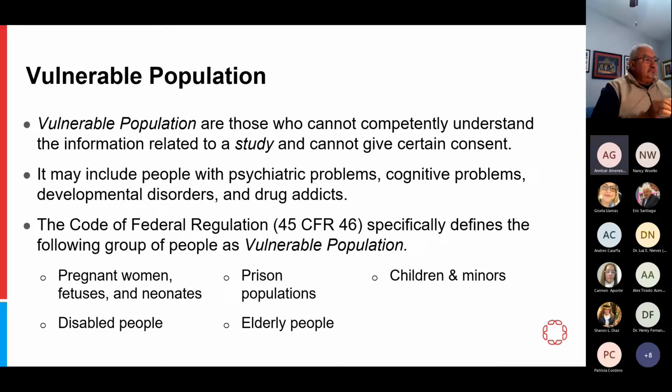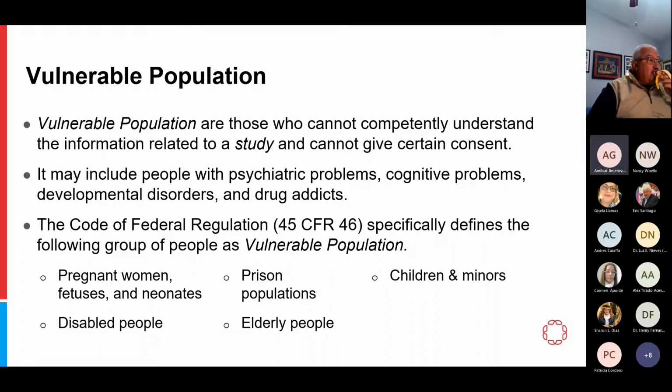Another very important point is vulnerable populations. Okay? Vulnerable populations are those who cannot competently understand the information related to a study and cannot give consent. Okay?